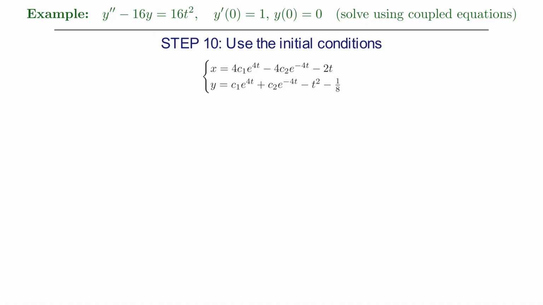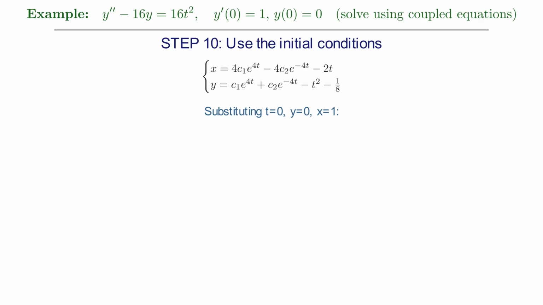So we can substitute in the initial conditions. y prime of 0 equals 1 and y of 0 equals 0. The number in brackets means that both of these conditions are when t is equal to 0. So y of 0 equals 0 means that y is equal to 0, and y prime of 0 is equal to x, which means that x is equal to 1.